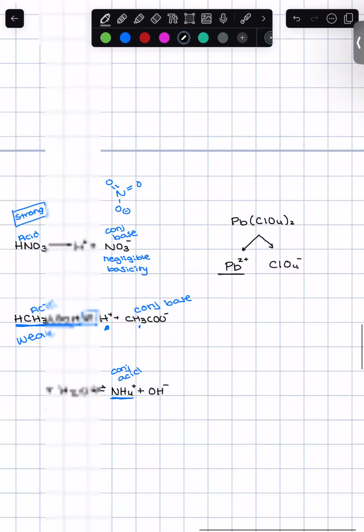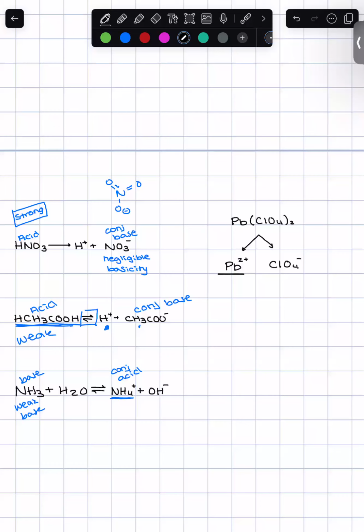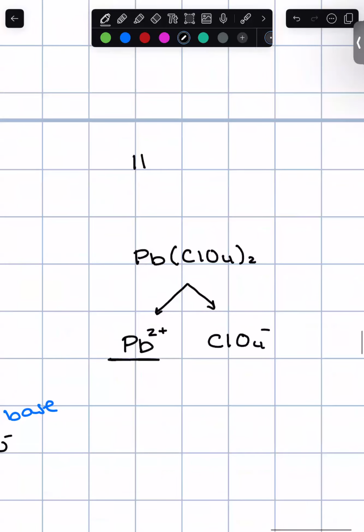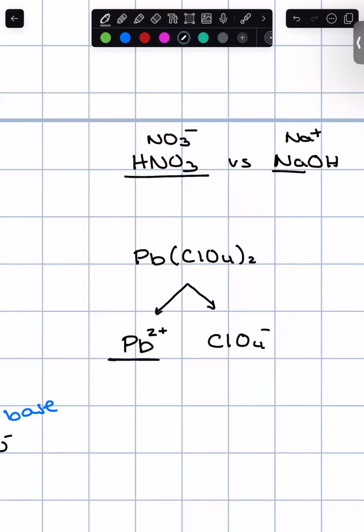I want you to think about how these are set up. Like if I took HNO3 versus NaOH, this one always produces a positive cation on dissociation, and this one produces a negative anion on dissociation.